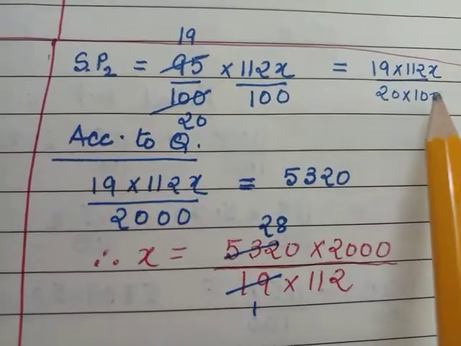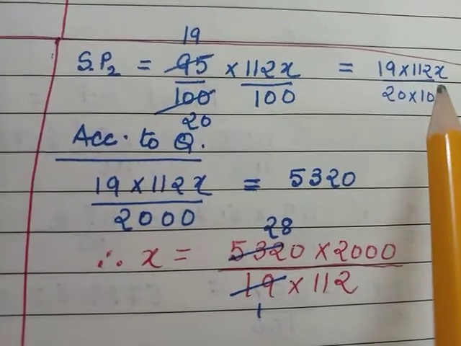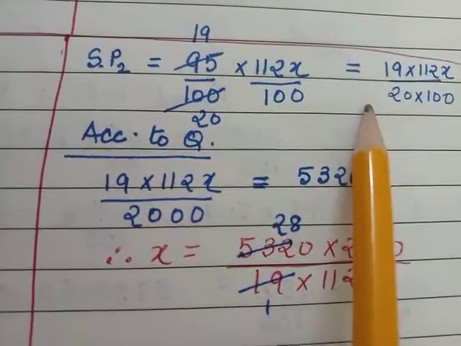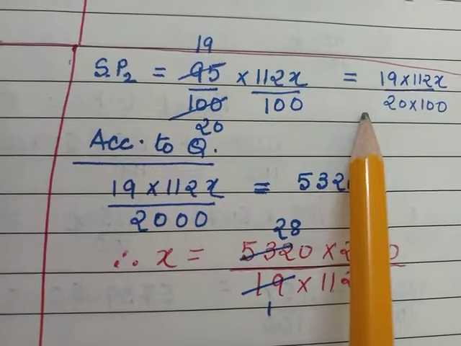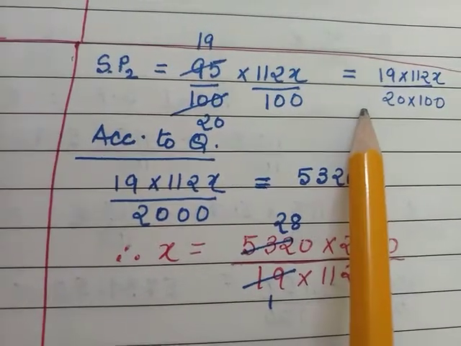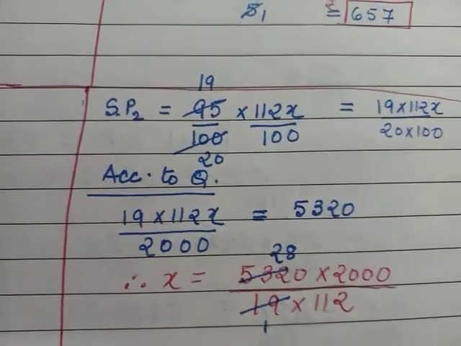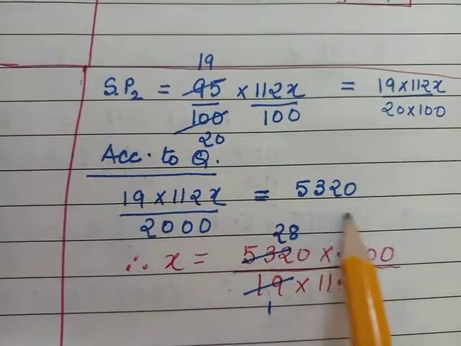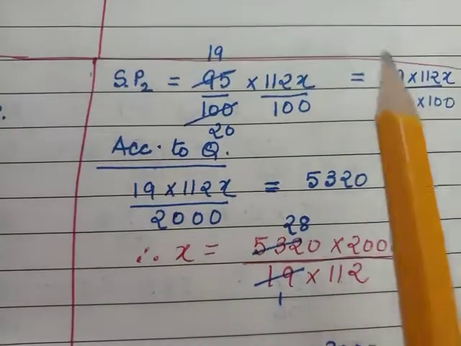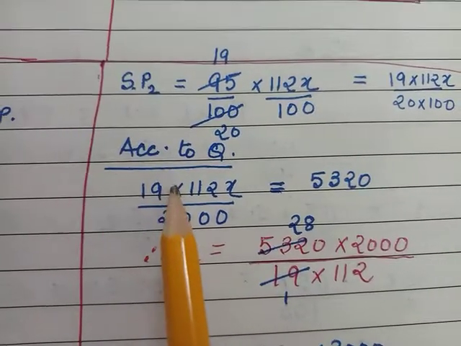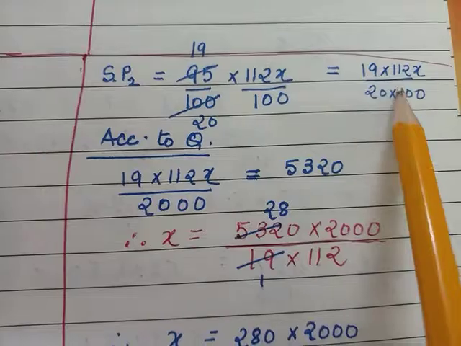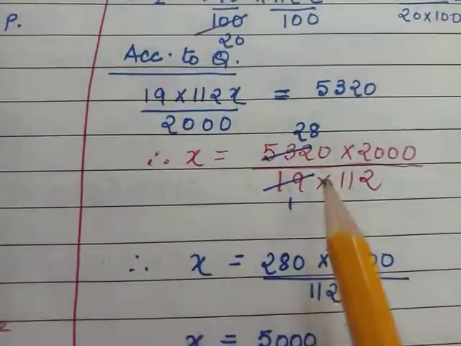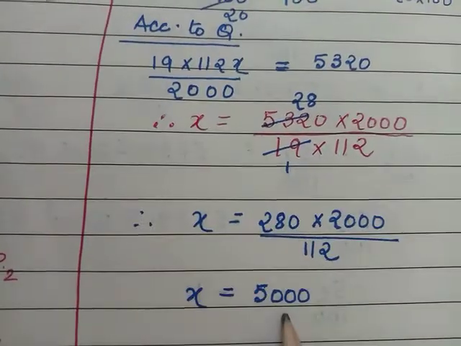But according to the question, the selling price for Sonu is actually the cost price for Manu. That means the money paid by Manu, 5,320, is the selling price of Sonu. So we equate these two expressions, and when we solve for x, it becomes 5,000.